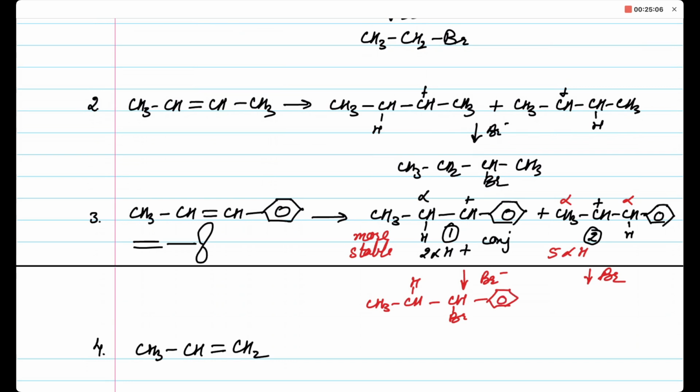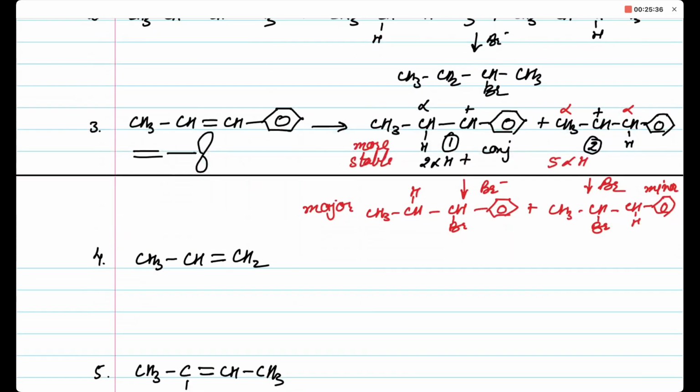In this case, we are going to get CH3, CHBr, CH2, and the benzene ring. Now, as I have told you, the major product is formed from the more stable intermediate, in this case, the more stable carbocation. So, the more stable carbocation being the first one, this would be the major product, while this would be the minor product.